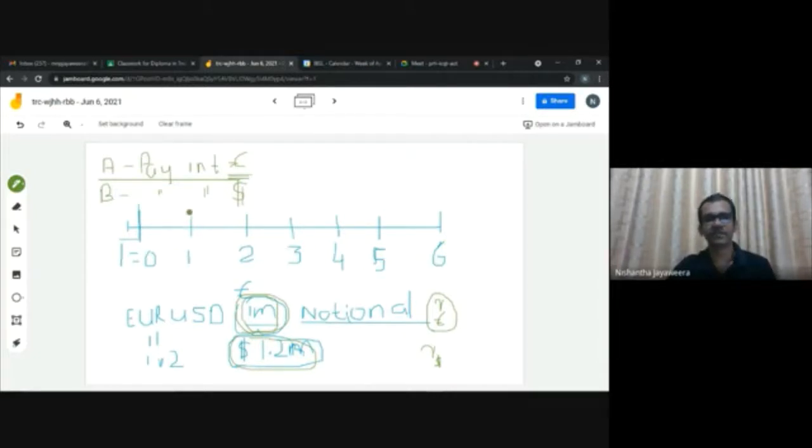At the end of every 6 months, party A pays interest on the euro to party B, while party B pays interest on the $1.2 million to party A. That's what happens. They just exchange interest payments on each payment date. Is it clear? Any question?